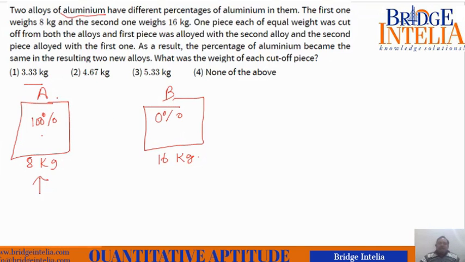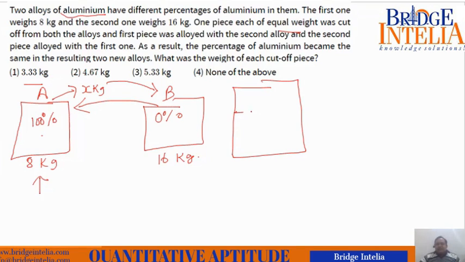Now what you have done? You have taken equal weight from this. That means you cut out x kgs from here, you join that here, and x kgs from here and join it here. So after joining x kgs of B and 8 minus x kgs of original.